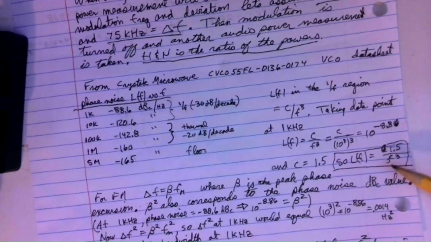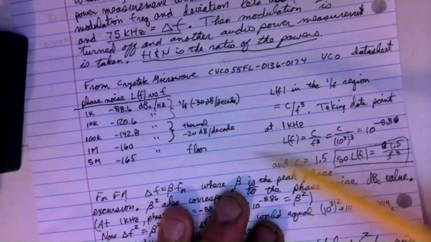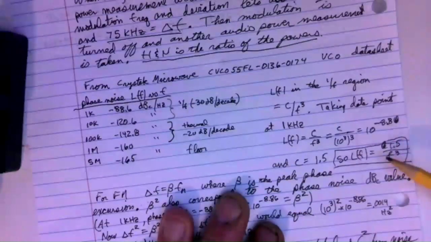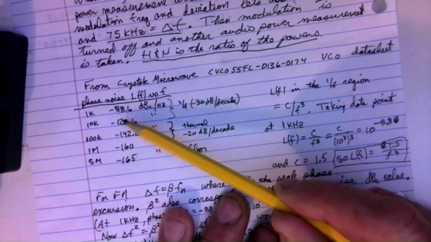And again, if you want to plug in, for instance, 10 kilohertz, you plug in 10 kilohertz for F, and then take 10 log of that, you should get something close to this number right here. It's not exact, right?